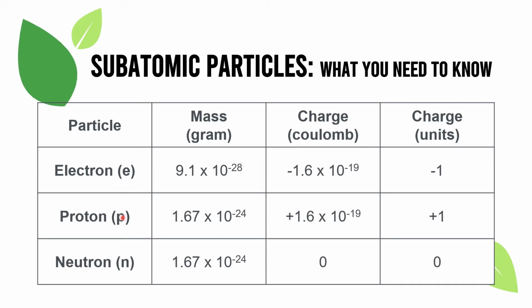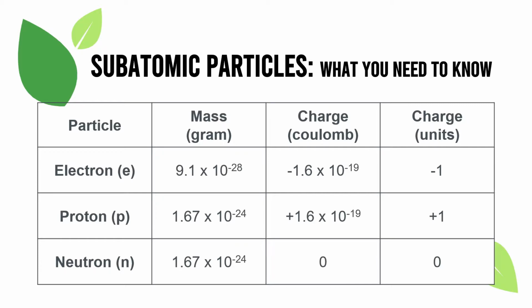So we have electron, proton, and neutron with their respective mass, charge in coulomb, and charge in units. For electron, the charge is -1, proton is +1, and neutron is neutral, which is 0. And you can see from the mass of these three subatomic particles that proton and neutron are heavier than the electron.